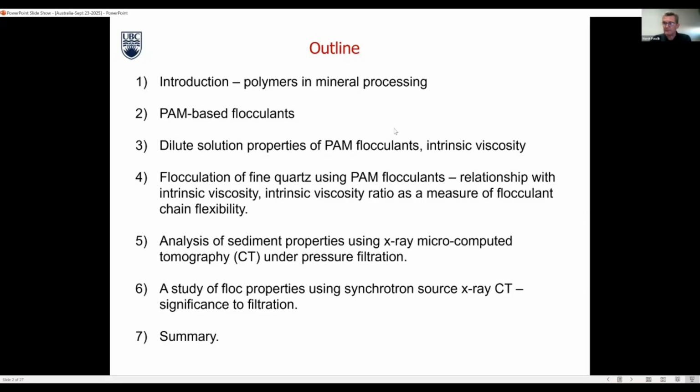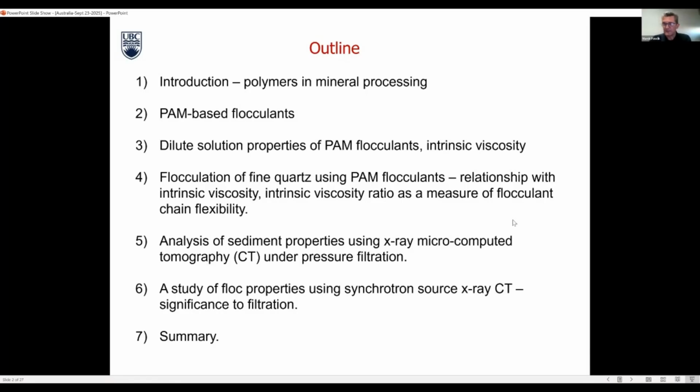Then we'll look at a model system, flocculation of very fine quartz using the same polyacrylamide-based flocculants. And we will look at this relationship between flocculation performance, the intrinsic viscosity of the polymer, and what we call chain flexibility. This is a very empirical way of looking at it, but we view what we call intrinsic viscosity ratio as a flexibility value. It's essentially a reflection of the ability of a polymer to stretch or coil in solution. We can measure that by following changes in the intrinsic viscosity.